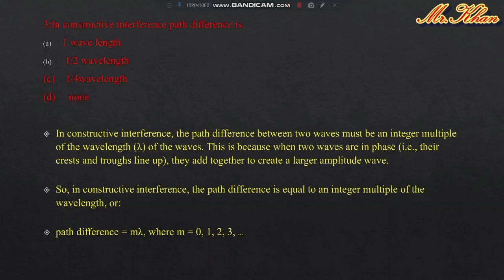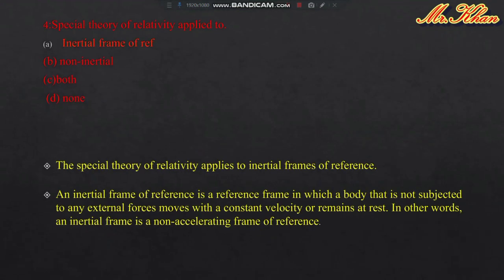This is because when two waves are in phase, their crests and troughs line up, and they add together to create a larger amplitude wave. So, the path difference equals m lambda, where m equals 0, 1, 2, 3.